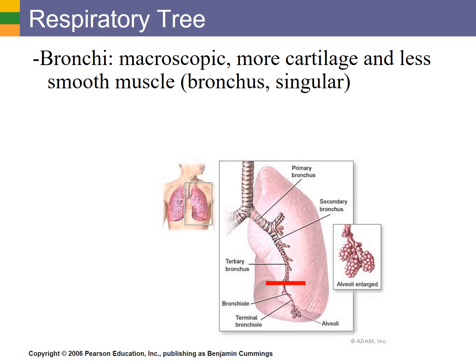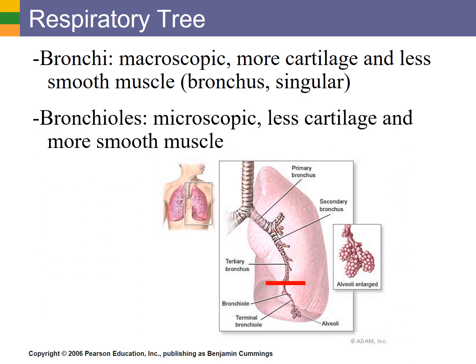Below that red line are the bronchioles. Bronchioles are microscopic structures. You cannot see them with the naked eye, only with some type of magnifying device. In contrast to the bronchi, they contain less cartilage and more smooth muscle.